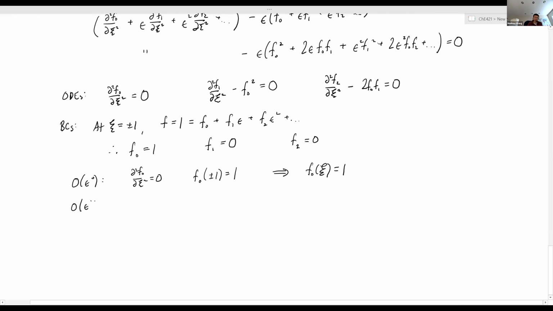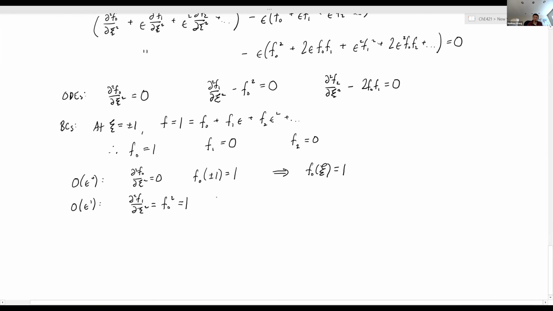We could also solve this next term right here. This gives us that, our ordinary differential equation. But we know what f0 is, and so we can go ahead and just plug that one right in. That's just 1.